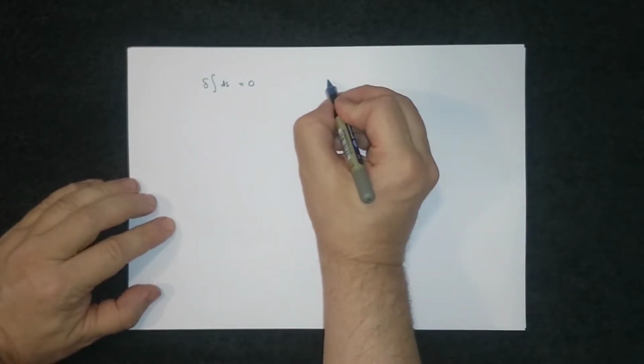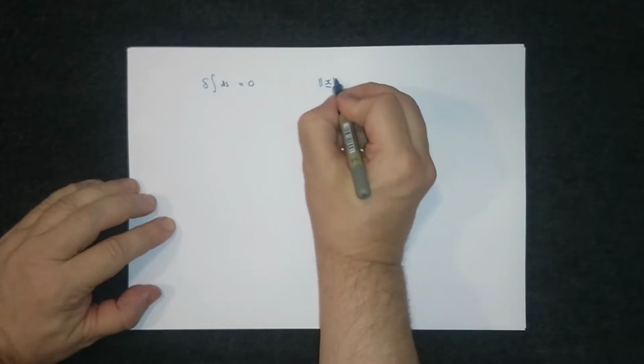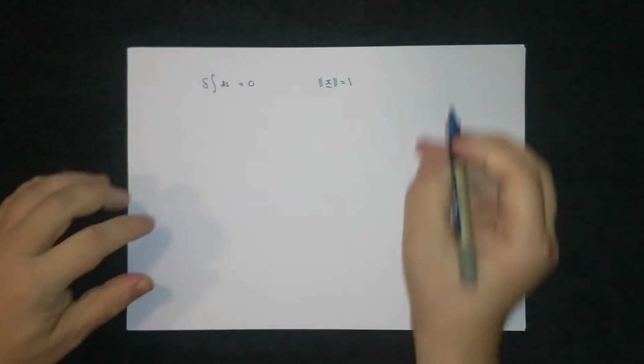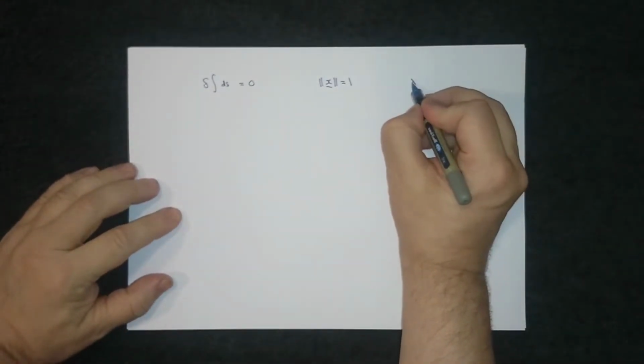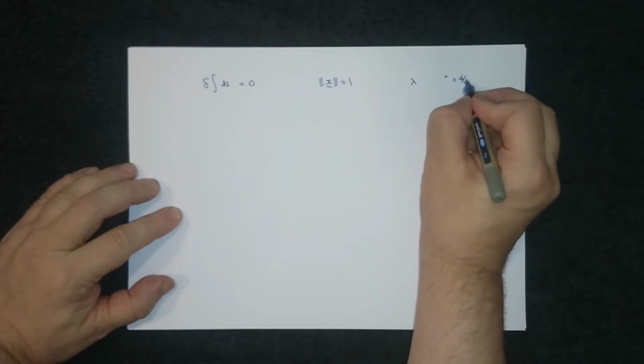Now, we're going to use three-dimensional vectors, and we're going to assume the sphere is of radius 1, so norm x is equal to 1. Let lambda be a parameter, and let dot mean d by d lambda.